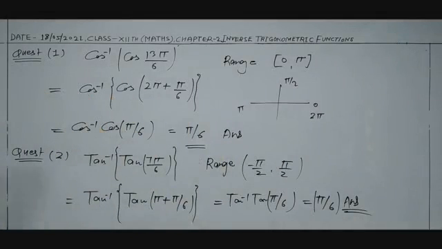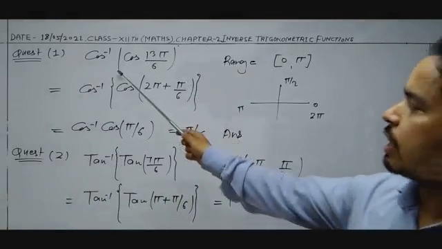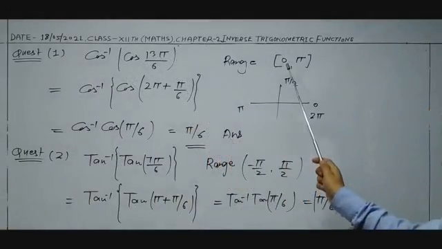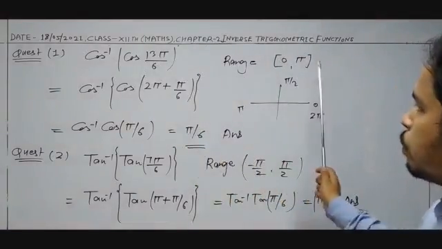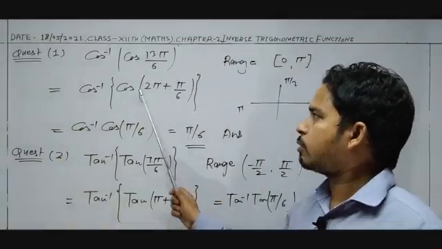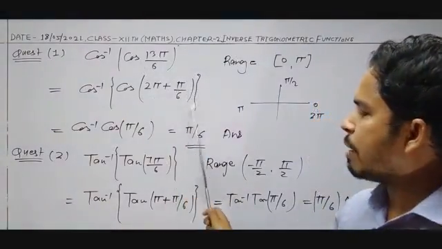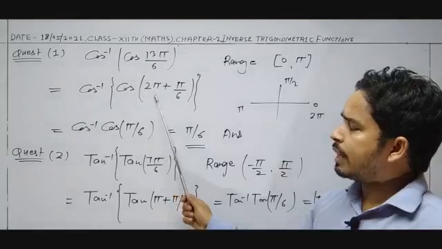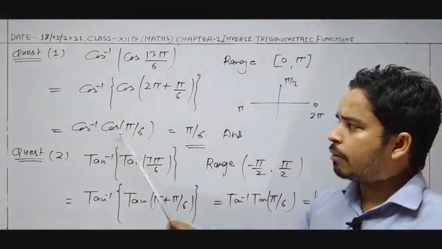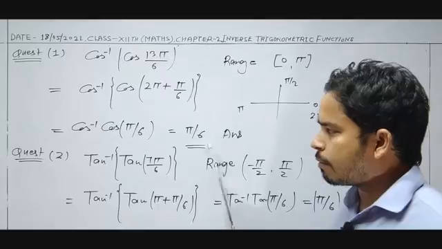Again see, question number 1 is cos inverse cos of 13 pi by 6, and the range is 0 to pi, so the angle should lie between 0 and pi. 2 pi plus pi by 6 means 13 pi by 6, the same angle, and it lies in the first quadrant. Cos of 360 plus theta is cos theta, so cos inverse cos of pi by 6 will be pi by 6.